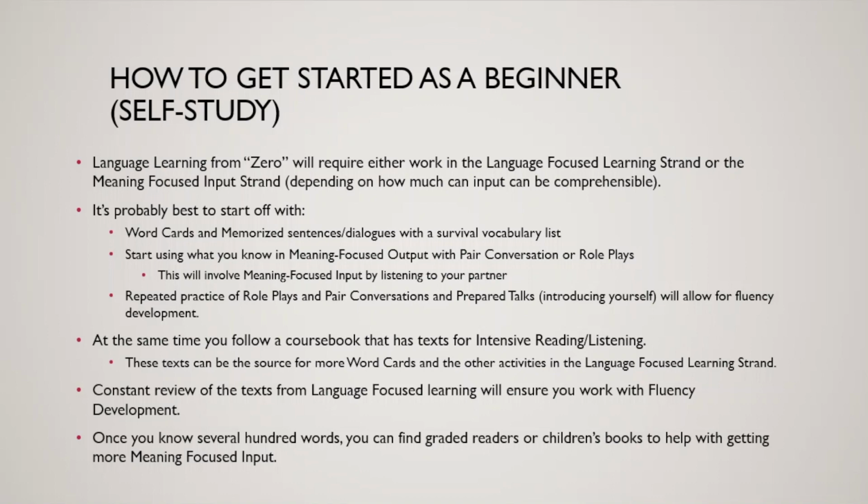The text that you get in your language-focused learning will start becoming familiar, and then it will help you with fluency development. Once you have several hundred words, then you can start looking for graded readers or children's books and other ways of getting meaning-focused input.